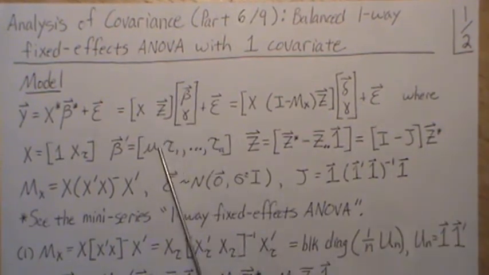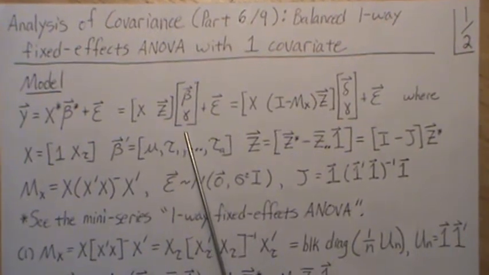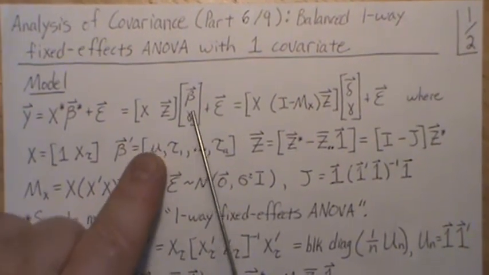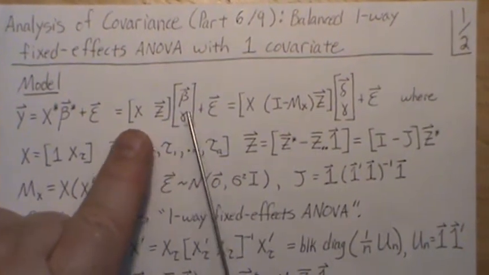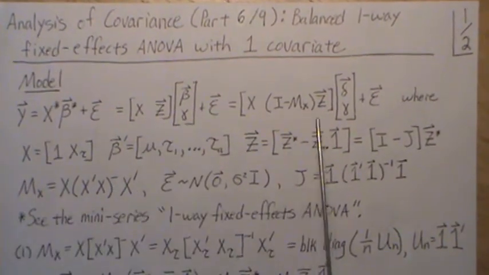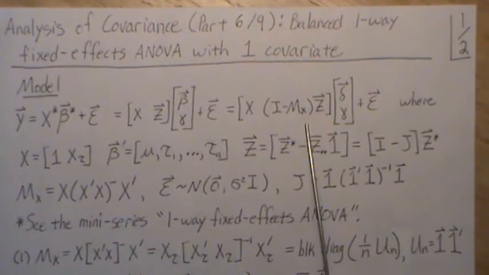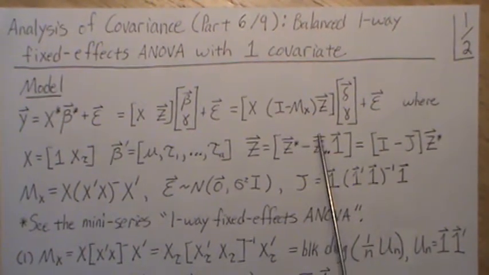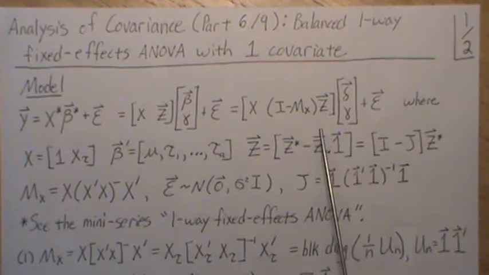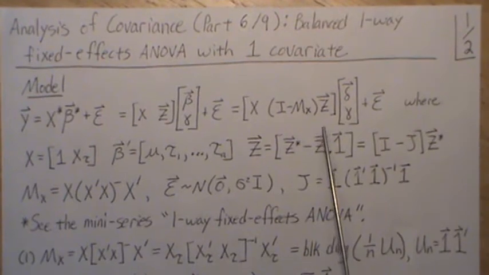And so you do that multiplication. And then in part 2 of this mini-series, we added a well-chosen zero and then changed this model to this, and they're 100% equivalent. Now, what this does is it allows us to develop the structure behind the least squares estimates and contrasts, etc.